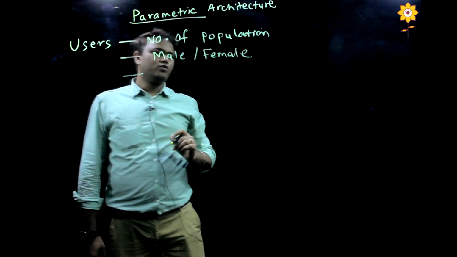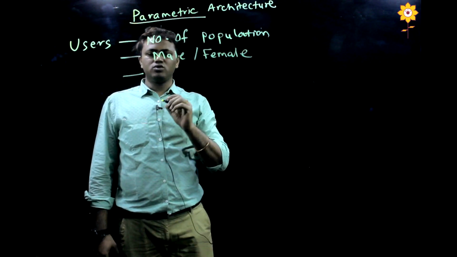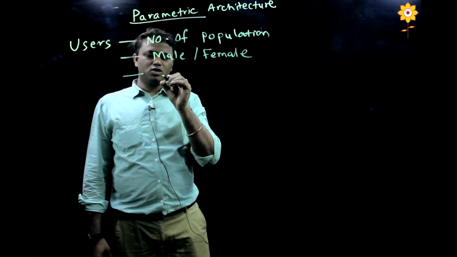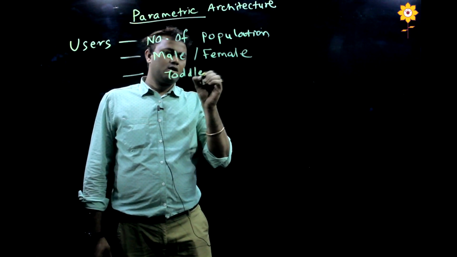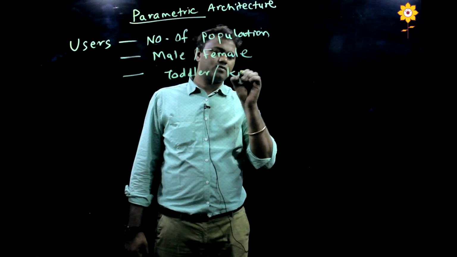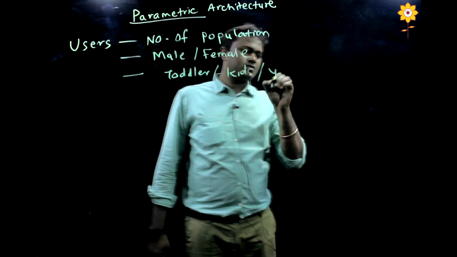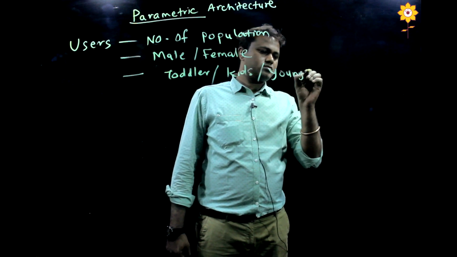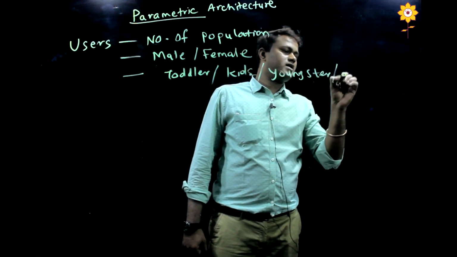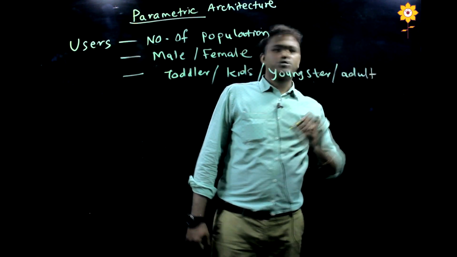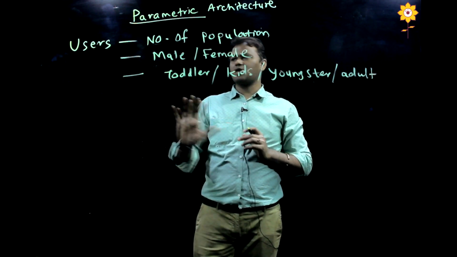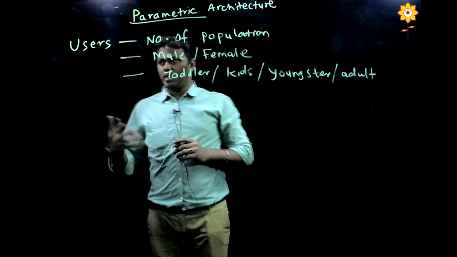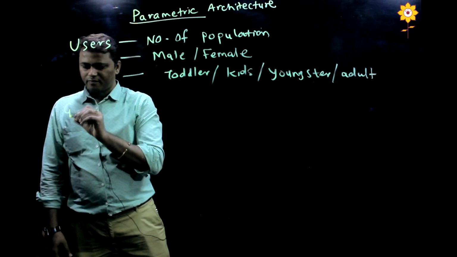Then we have to categorize the users: is it for toddlers, for kids, youngsters, or adults. So we have to understand what is the category of user according to which we are designing. Next parameter is geometry.